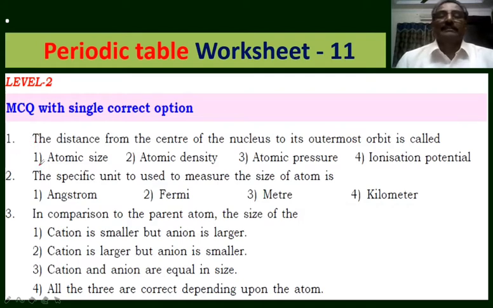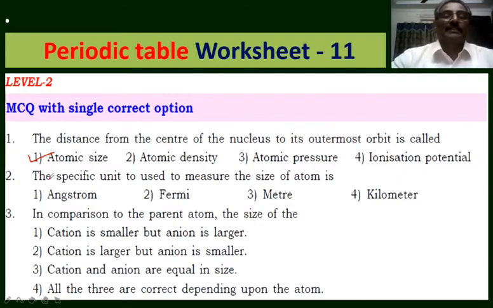So here the correct option among the given is the atomic size. That is, first option is the right option. The size of the atom is expressed in terms of its radius. The radius is defined as the distance from the center of the nucleus to outermost orbit.